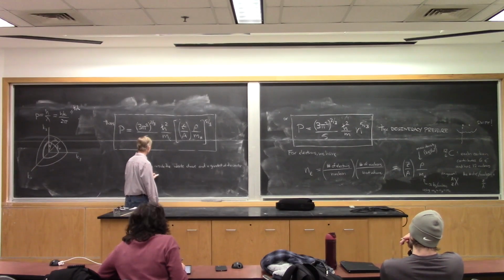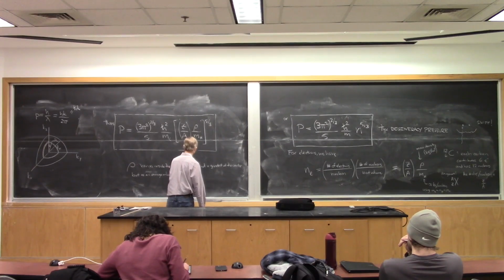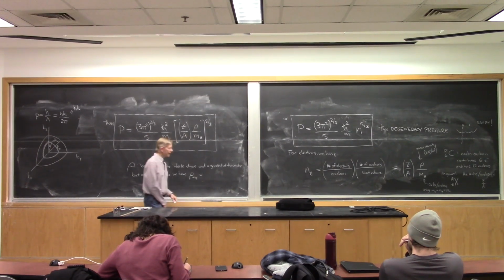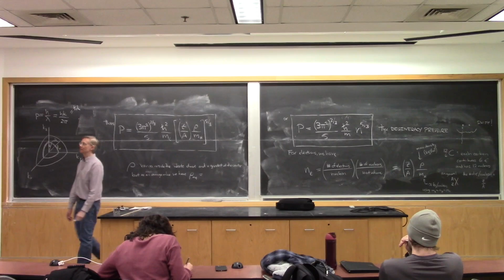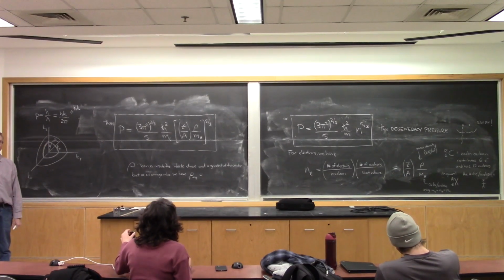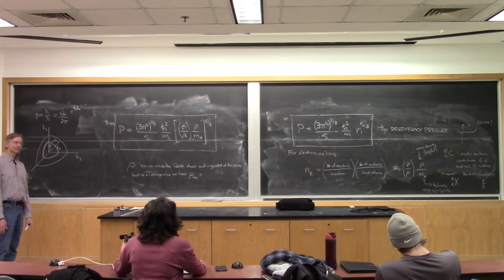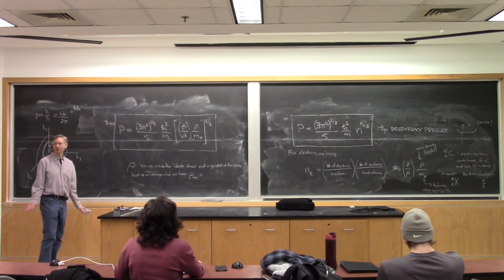But as an average value, we have rho average. What would I do to figure out the average density of that white dwarf? It's the same thing I do to figure out anything's average density. I would take the mass of the white dwarf and divide it by its volume, right?